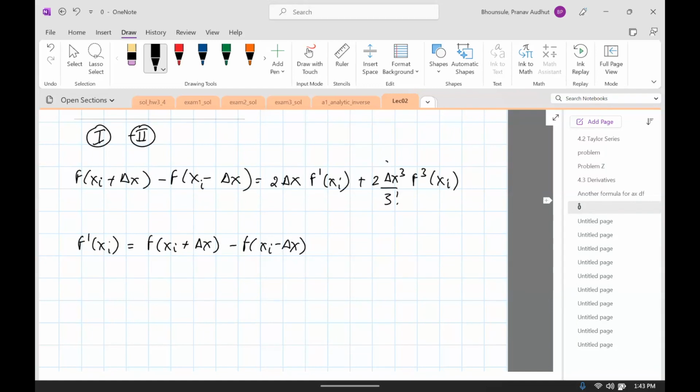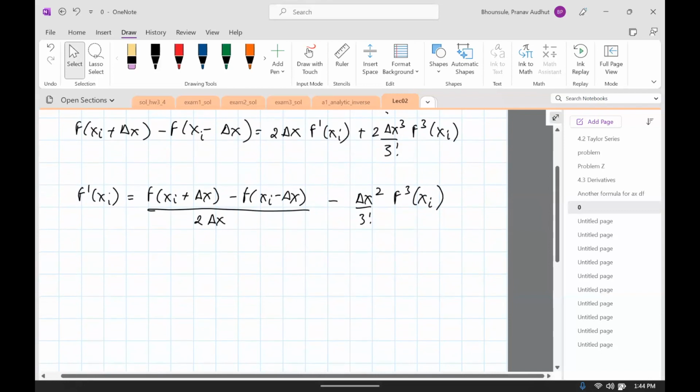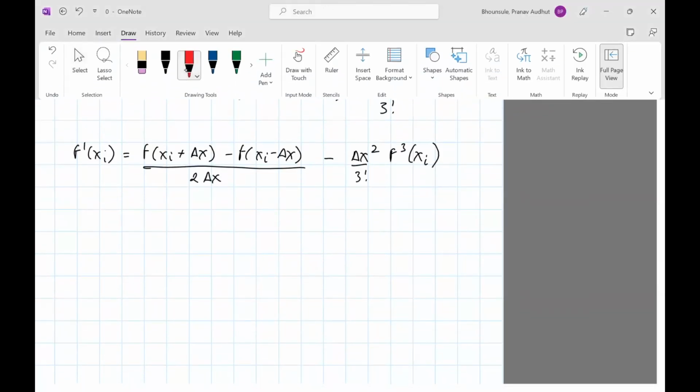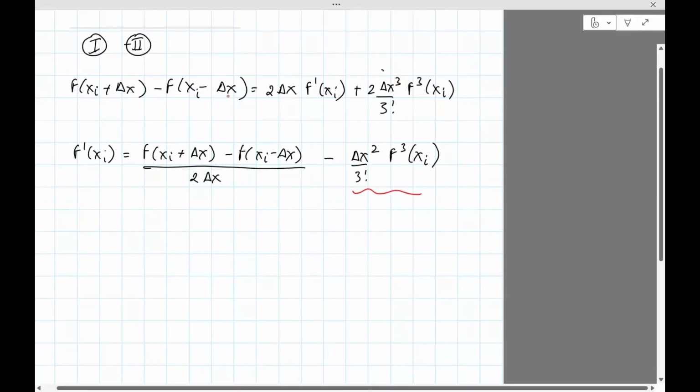I carried this thing on the other side, so I also have to divide by 2 delta x, plus, sorry, minus. Okay, now I can basically ignore this term.